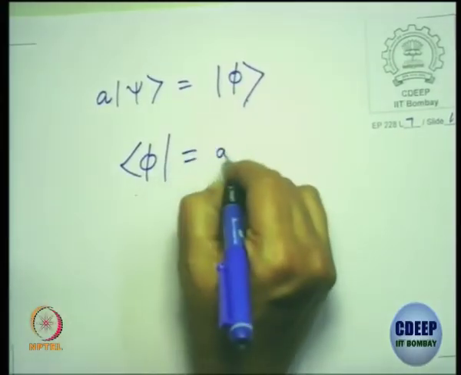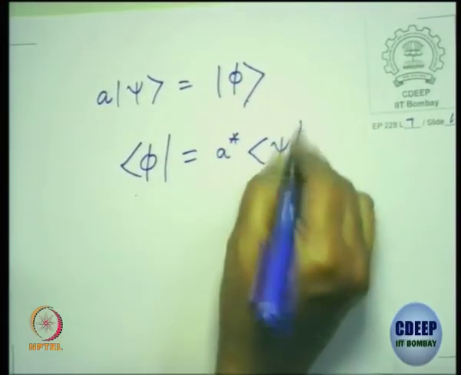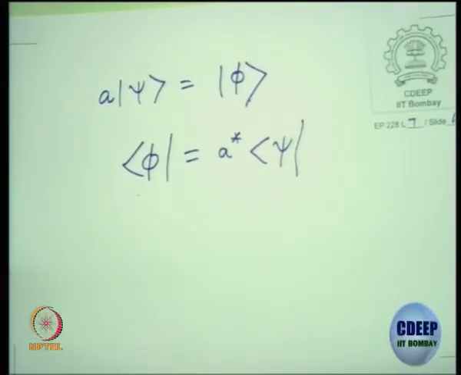This one will be a star times the bra psi. This a star you can put this side or that side, it's just a number. Okay. Many of them make this mistake. Mechanically when they write the dual vector, they don't complex conjugate the coefficients. Please remember this. And it plays a very crucial role.